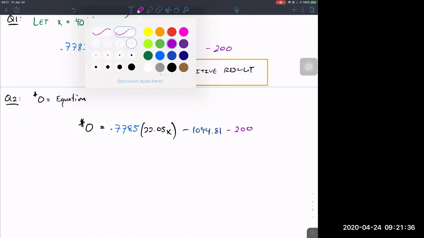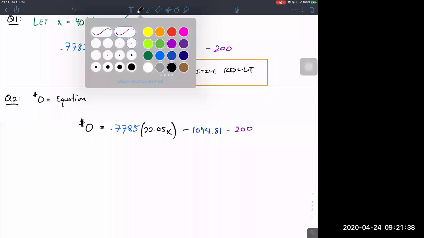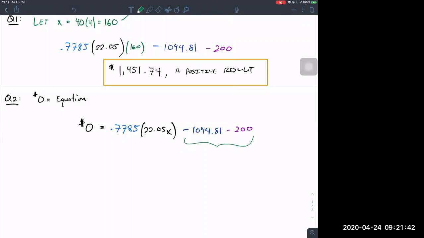I said that these two numbers added up, and then they have to go to the other side where the 0 is. So that implies we have 1294.81. Okay, good.